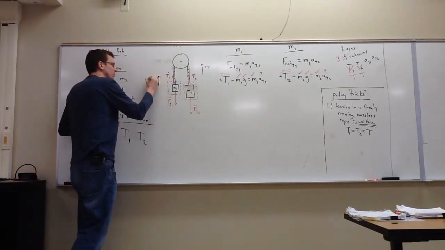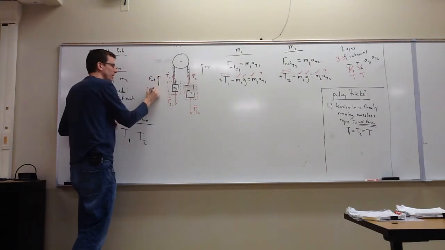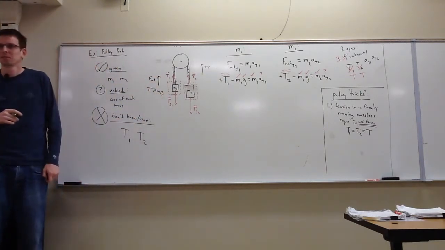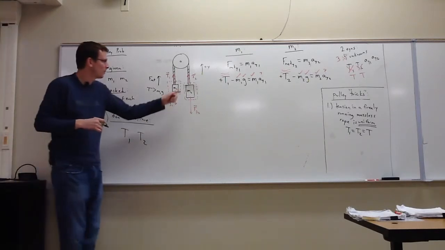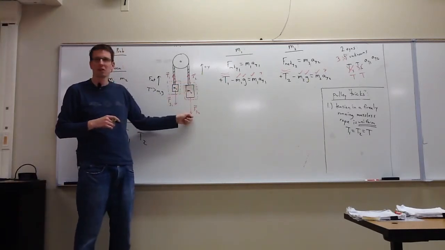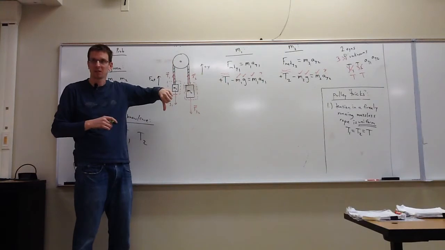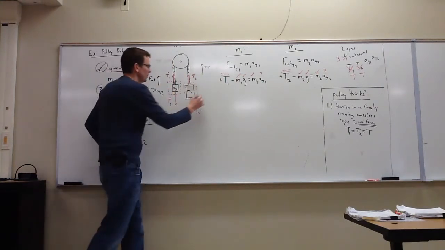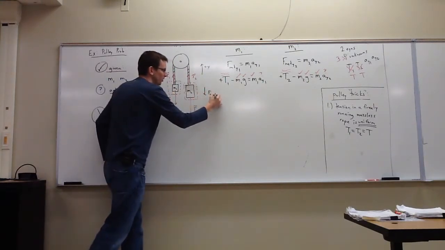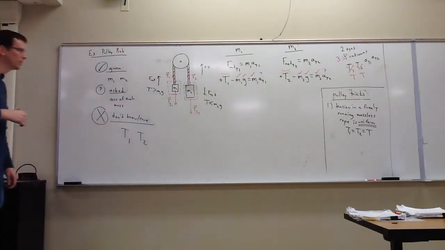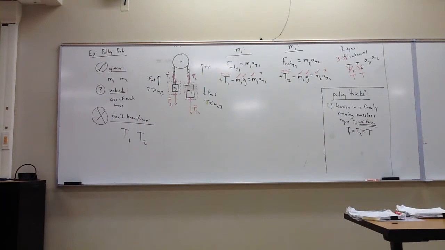So the net force in one can be upward because the tension exceeds its weight. But that exact same tension, what's the acceleration of the heavier one? Which way is it? Down, right? So the net force is which way? Down, which means which force is bigger? Gravity, right? So that same exact force is now smaller. Is it possible that the same tension could be bigger than one weight and smaller than the other?